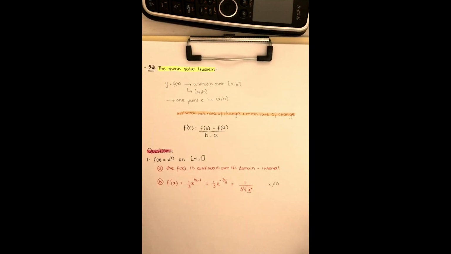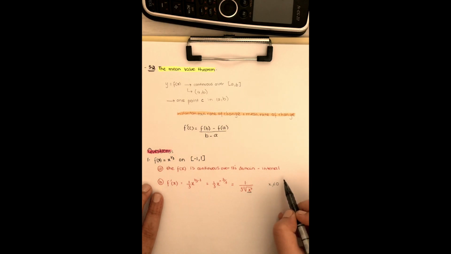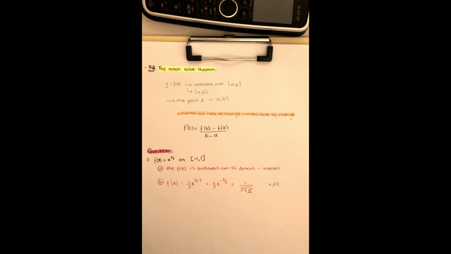So the function f prime of x, the derivative of f of x, is continuous over all of its domain except 0, as we can't have 0 in the denominator, because a 0 in the denominator gives the function a problem.